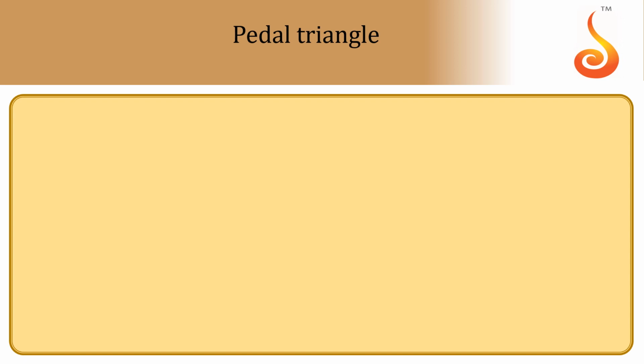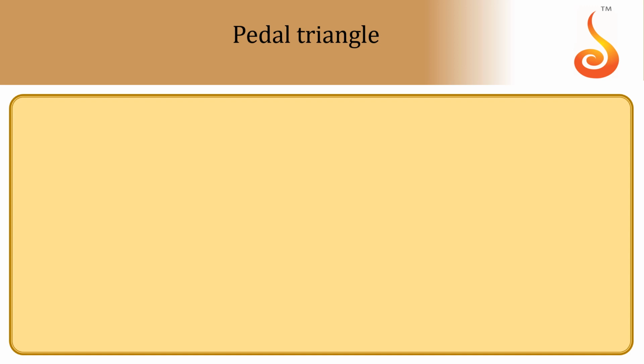Now, pedal triangle elements. See, elements means the 3 angles and 3 sides of a triangle are called elements. Any 3 elements except 3 angles being given, solving a triangle means getting the other 3 elements. So a lot of problems will be framed on this work only.